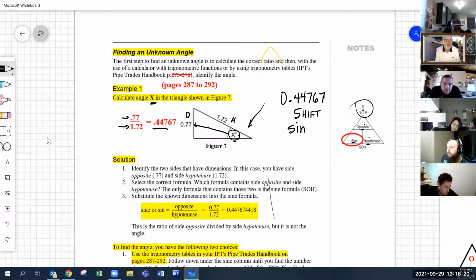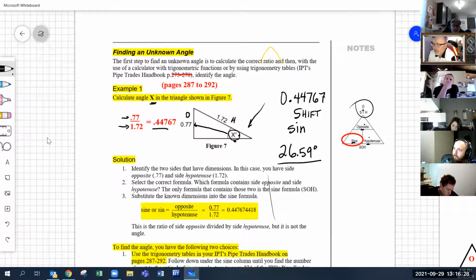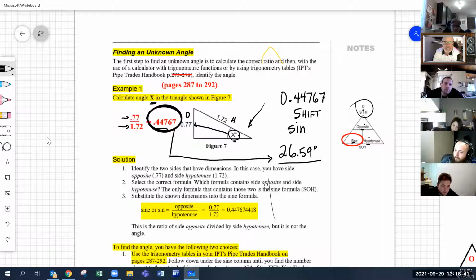And that should give you an angle of 26.59 degrees. Because this number that's given to you is just a ratio. Okay, so this is just a ratio, so we have to find actually how many degrees that angle is.